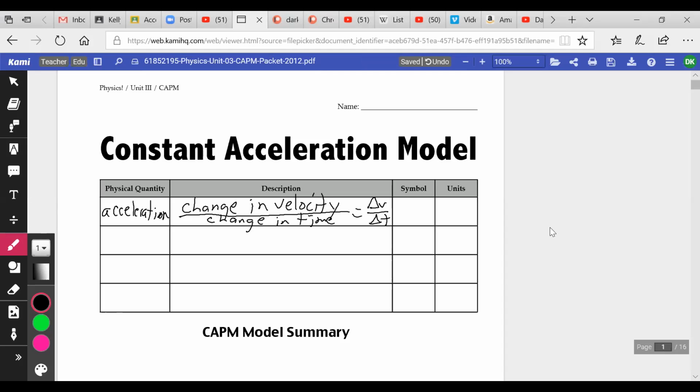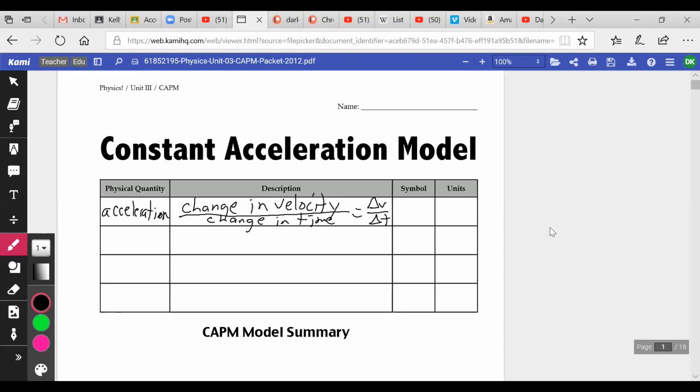We are going to see throughout time that we get a velocity time graph, and the slope of that velocity time graph will give us acceleration. Very similar to how the slope of a position time graph gives us velocity. So we're just making another slope from the velocity time graph that will give us acceleration.